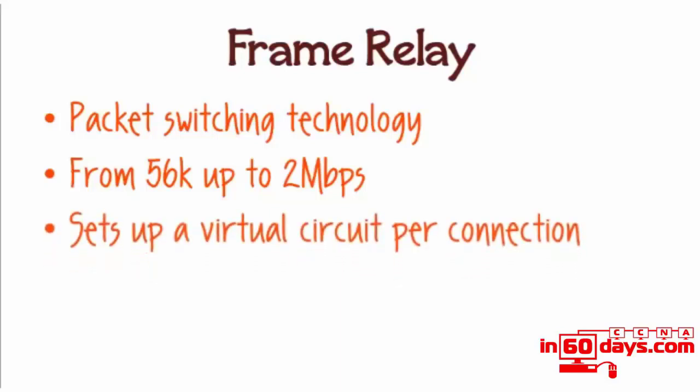Each time you want to set up a connection from one part of your network to another, a virtual circuit is set up. Once that connection is no longer required, then it's torn down, and so the bandwidth can be used again. Now it doesn't come with its own security, as it was all stripped out from the original protocol X.25 to make it a lot faster.